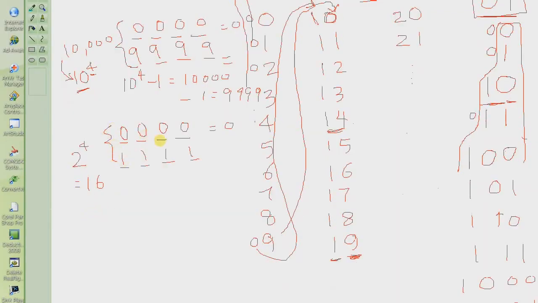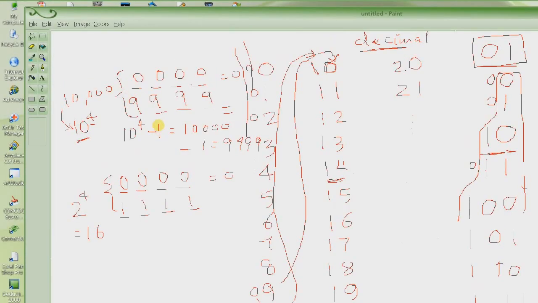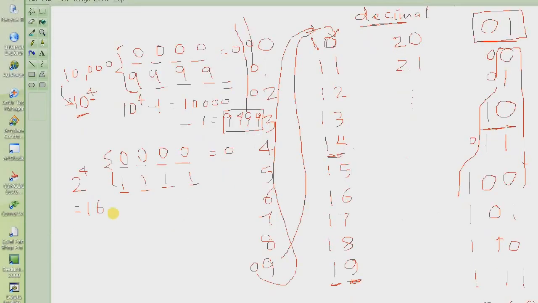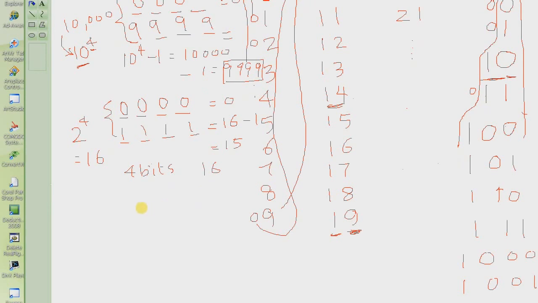So these are 16 numbers total. And what is the largest number? For decimal it was 10 to the power 4 minus 1, the total number of numbers minus 1, because we started from 0. It was 9999. In the same way here, this number represents 16 minus 1, which is 15. So we can write from 0 to 15 if we are given 4 binary locations or 4 bits. If we are given 4 bits, we can represent 16 numbers.